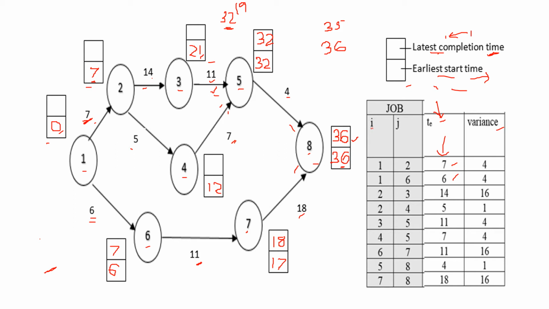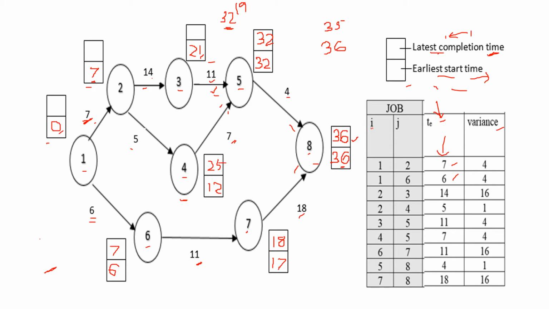Now come to node 4. Here 32. 32 minus 7, that is 25. Okay, 32 minus 7 is 25.